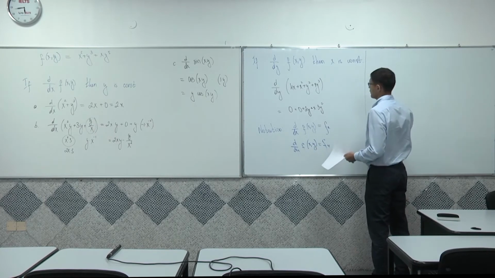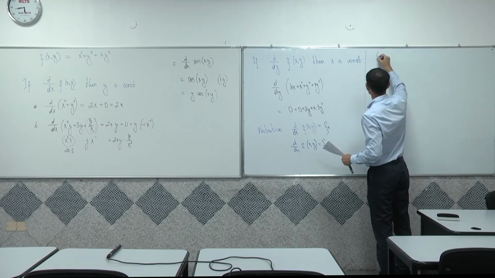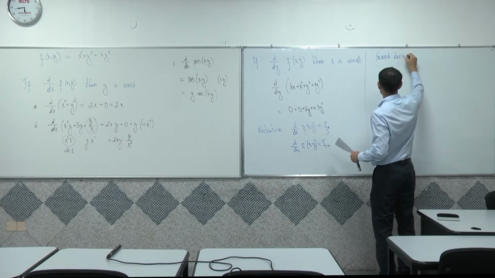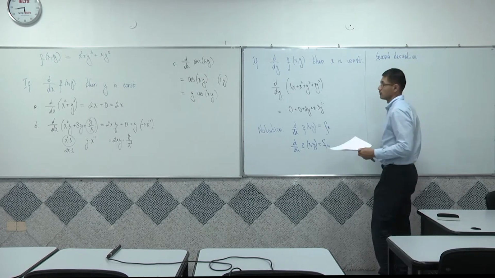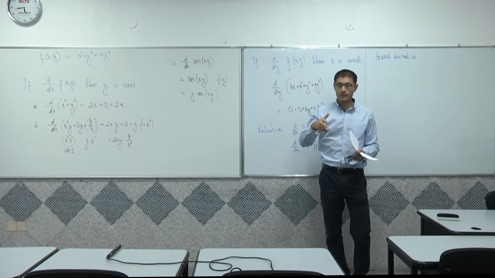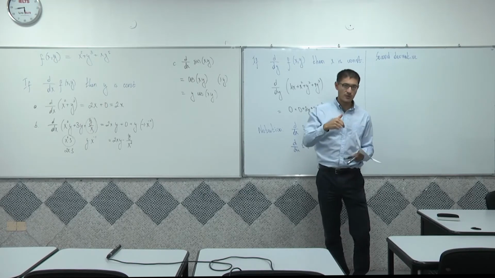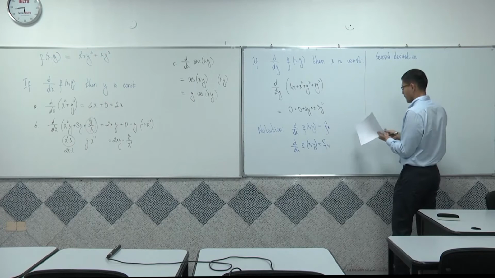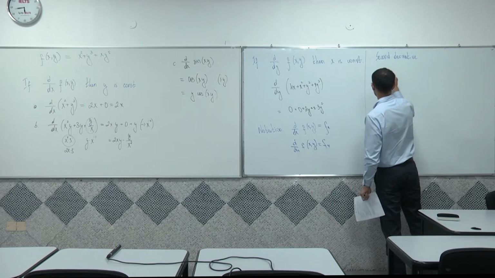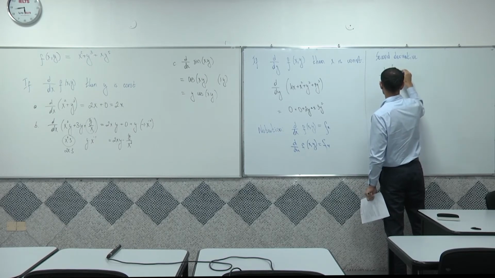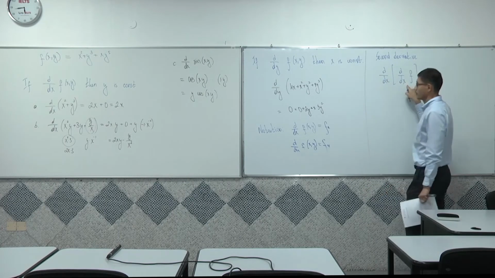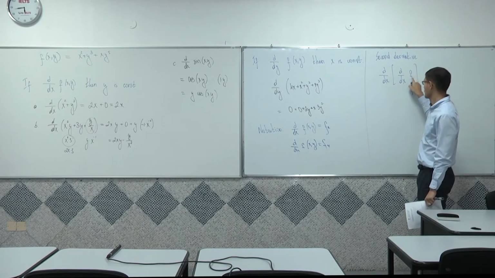Next, let's discuss second derivatives. Just like with the first derivative, the second derivative can be taken either with respect to x or with respect to y. Using this notation, let's say you take the derivative of f with respect to x.